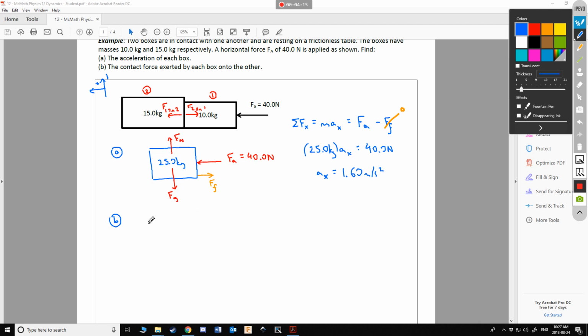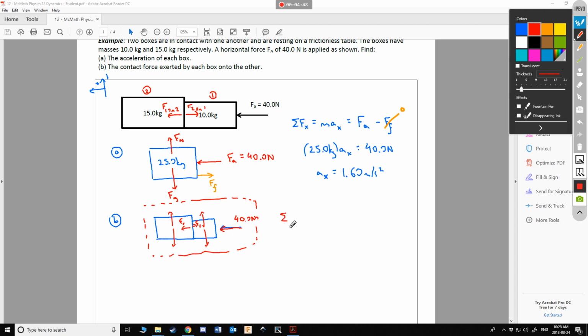Before we move on, let's look at the previous question again, including all of the forces. We had a 40 Newton force acting to the left, and I said there was force of gravity and force normal on each block, but there are also these contact forces, FC. In the first part, what we actually did was look at the whole system.